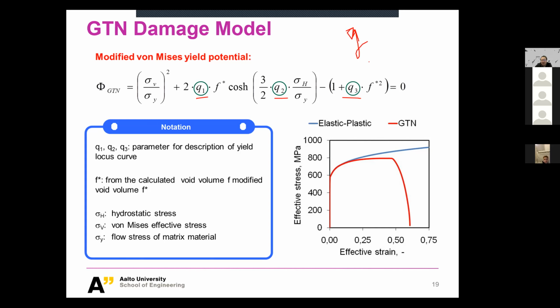We could measure it, and it's a universal constant, more or less. That was rather easy. But in our model here, because it describes a local phenomenon and is material dependent, these parameters are nothing but G, but you need to calibrate them individually. So it's material specific. And if you look at this diagram here, this is the stress strain curve without damage, so pure elastoplastic.